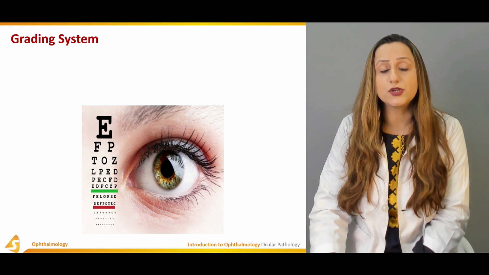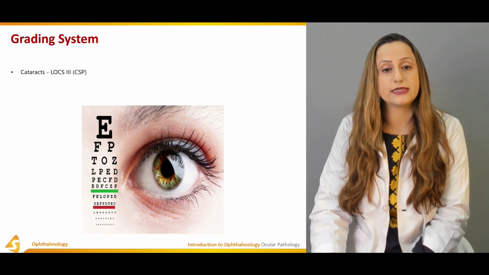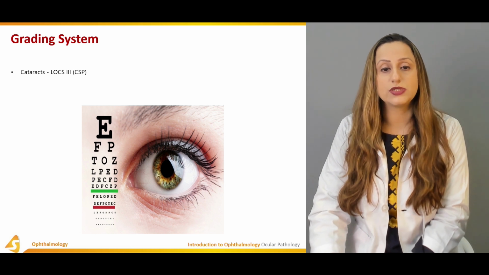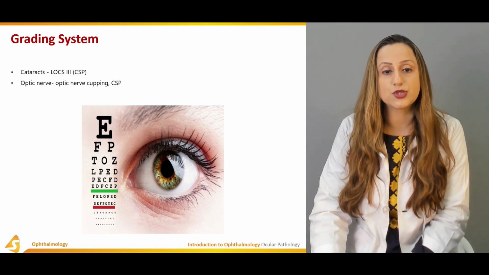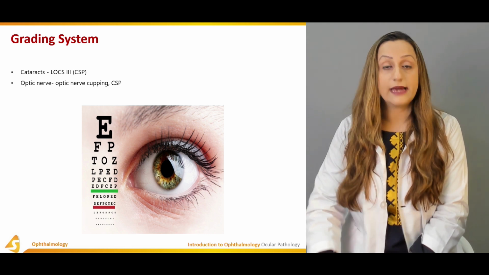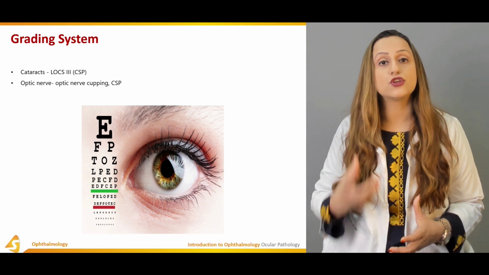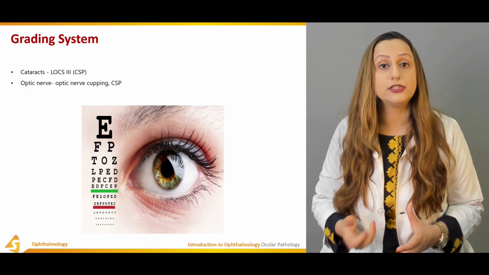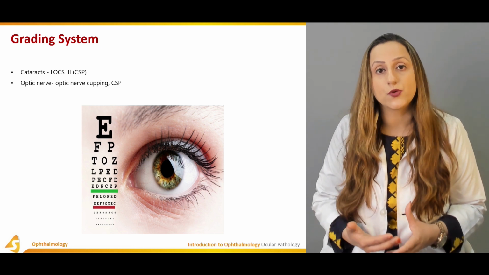Now there are different grading systems that are devised for this section. Then we have the cataracts, that is the LOCS III grading system. And then we have the optic nerve cupping. There should be a physiological cupping at the optic disc, and it is basically shown when we are carrying out the ophthalmoscopy or the fundoscopy.